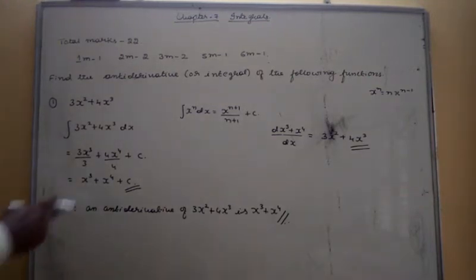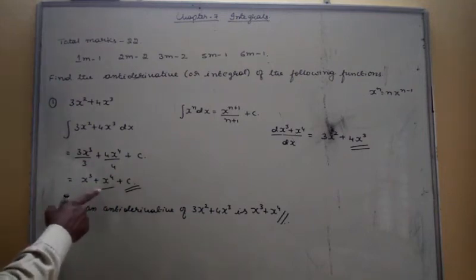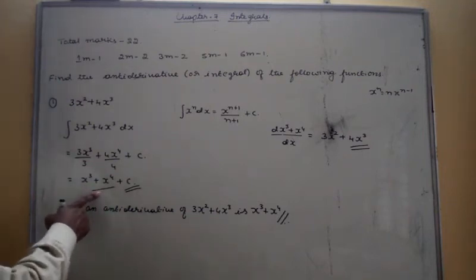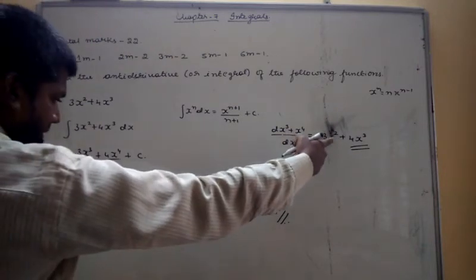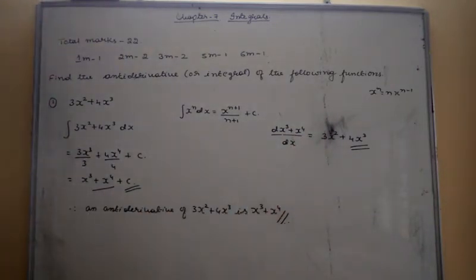If you differentiate this one, you are getting this, so the anti-integral of this is this one. It's called the inspection method.